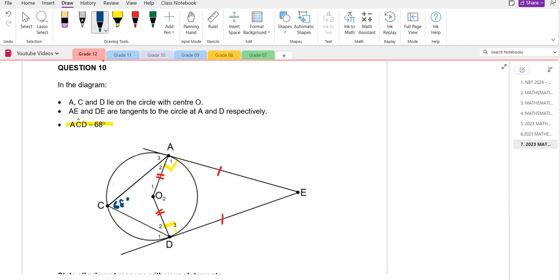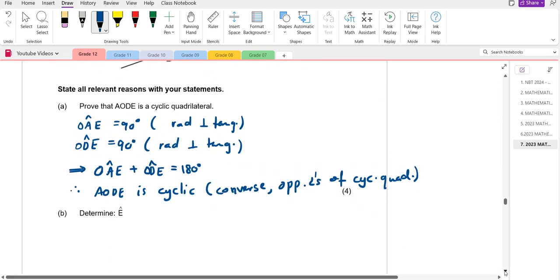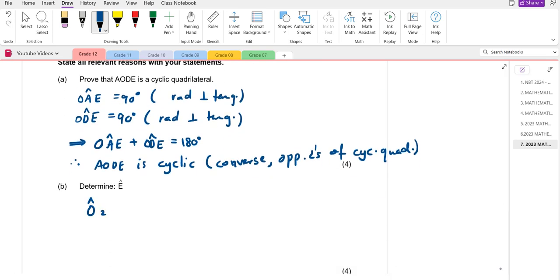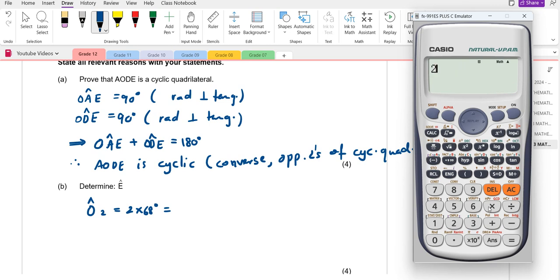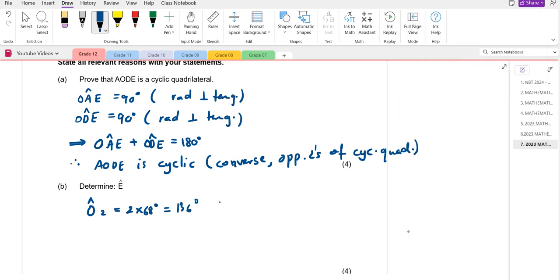We get angle O2, which is 2 times 68, and we got 136. Angle at center equals 2 times angle at circumference. Okay, and what else do we know?